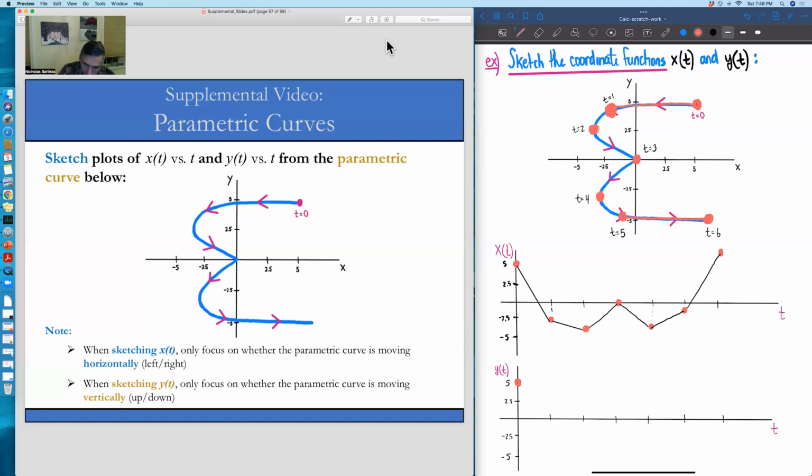When we're at t equals 1, we're still approximately at that same y value. We've maybe moved a little bit downwards, but from t equals 0 to t equals 1, we are basically just moving horizontally. There's very little vertical movement. So when t equals 1, we are just slightly a bit down.